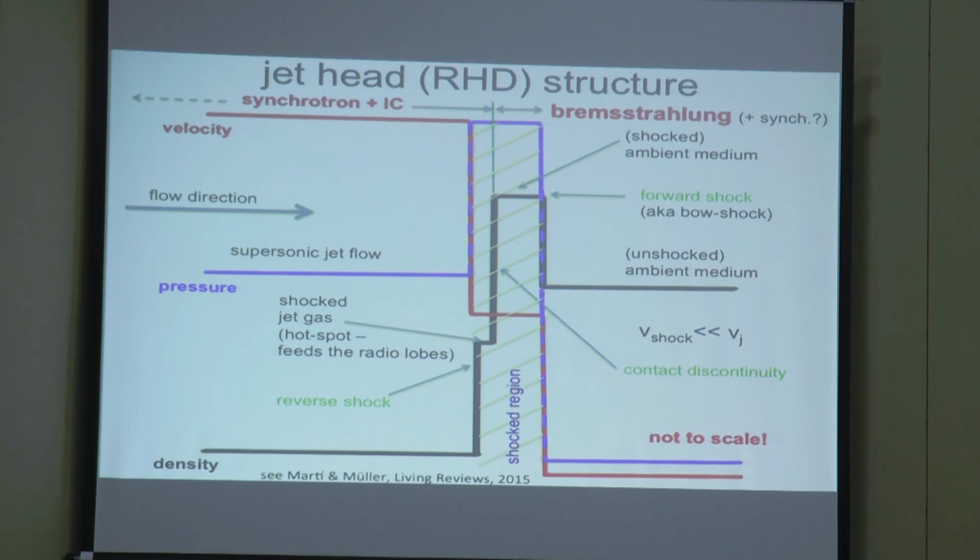And beyond the forward shock, which is also known as the bow shock, you have the unshocked ambient medium. So the jet flow is pushing all this structure ahead in such a way that the jet flow has a velocity which is much larger than the shock speed. So this structure moves slower than the flow itself.